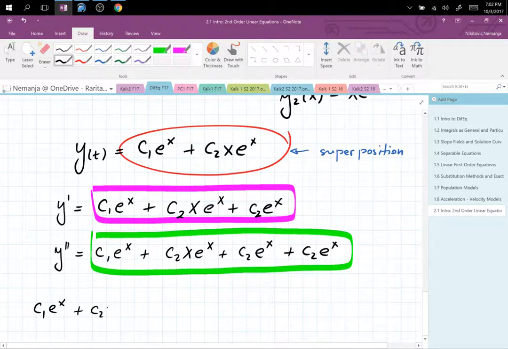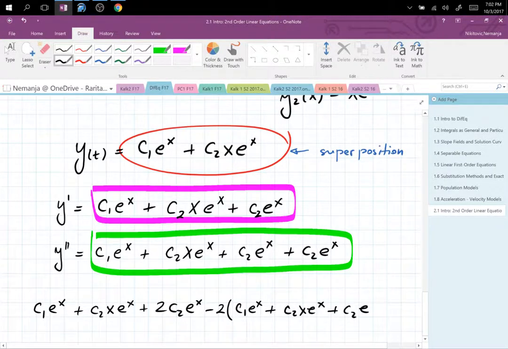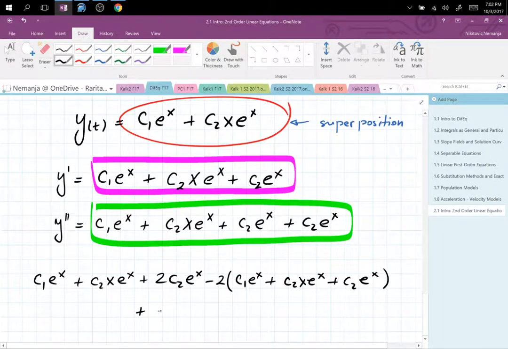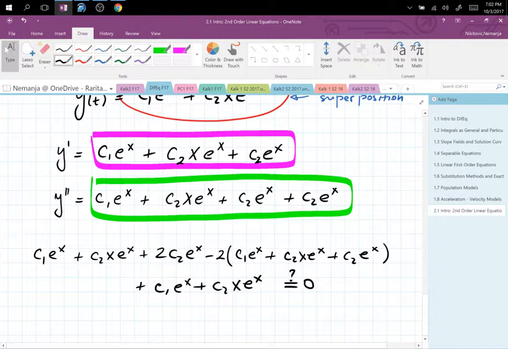So you have c1 e to the x plus c2 x e to the x plus 2c2 e to the x, minus 2 times c1 e to the x plus c2 x e to the x plus c2 e to the x. And then we have plus y, so plus c1 e to the x plus c2 x e to the x. And all of that should equal 0.